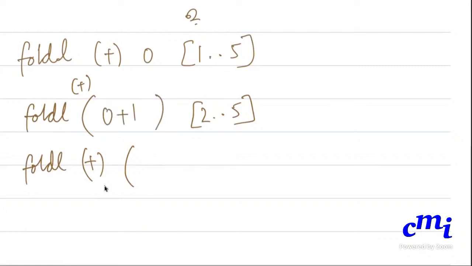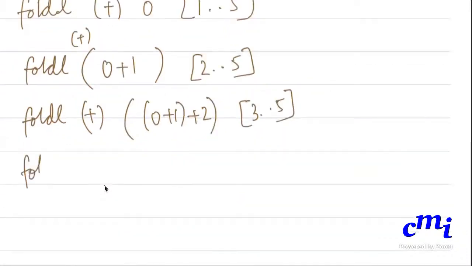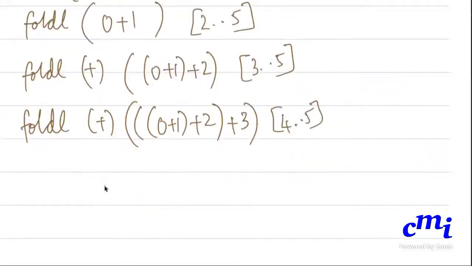This will be 0 plus 1 plus 2, and then 3 to 5. This is nothing but fold L of... you see the idea? You will keep on growing this expression like this.